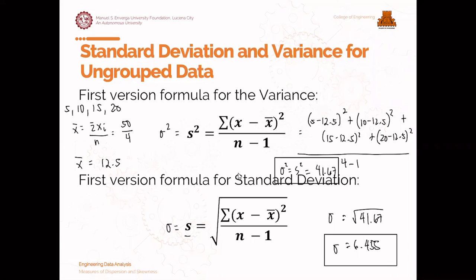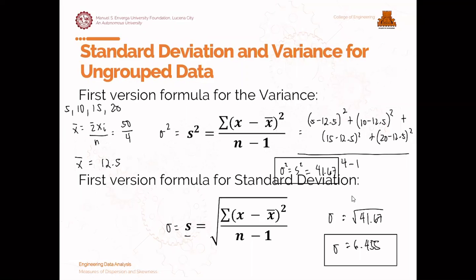How dispersed it is in our given set of data. Okay? So, any question for the first version of the formula for variance and standard deviation? None po. Okay? So, none.